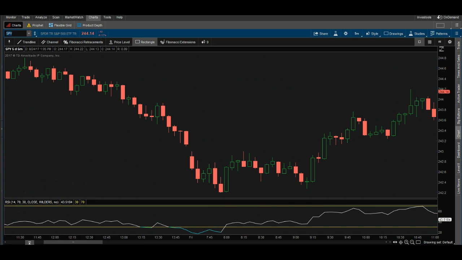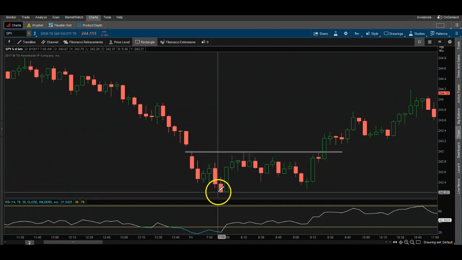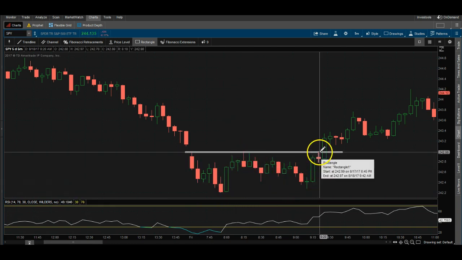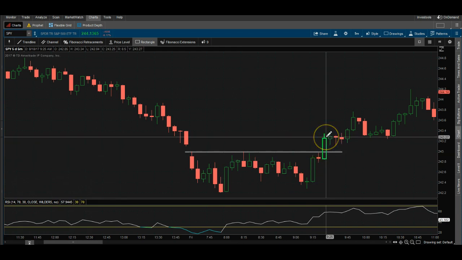So here we go with a breakout. Price rallies, we make a high, we rally, we pull back, we rally again, pull back a bit, and then we finally break out.